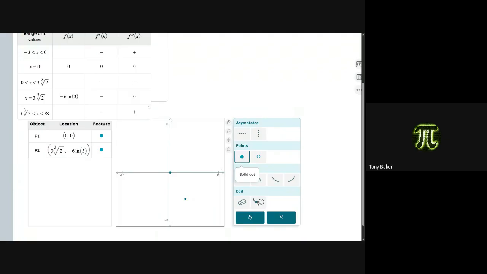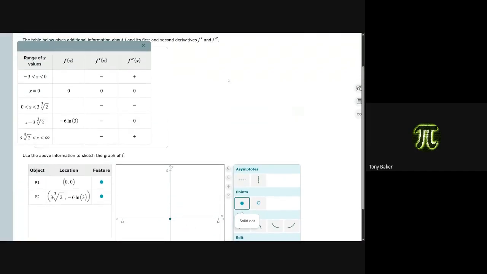Do I have any asymptotes? If we look at this, do I have any asymptotes the way this is worded right now?